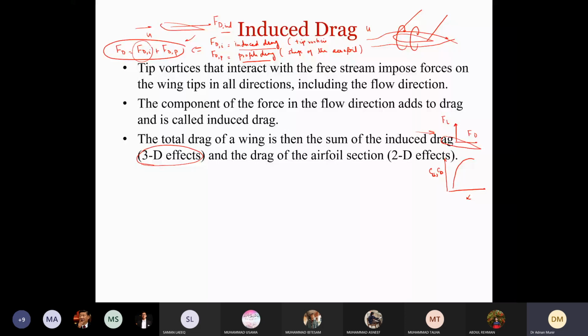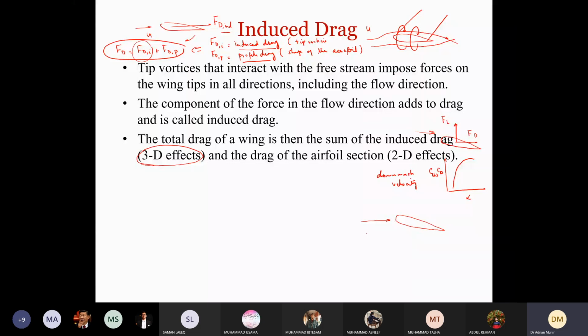Now in order to understand this drag force, this is just additional information. Let's suppose we have this aerofoil, and then we have this incoming flow, right? Now let's suppose we have downwash. If we have downwash velocity, then it will be like this.